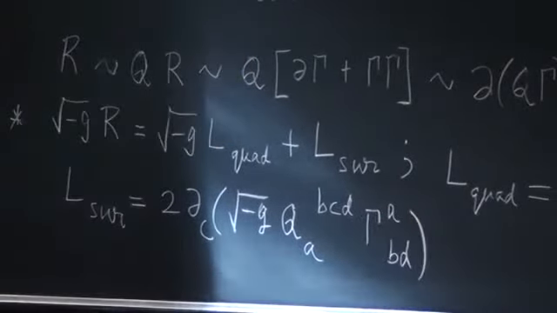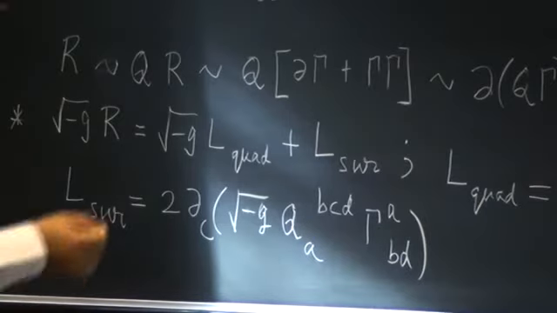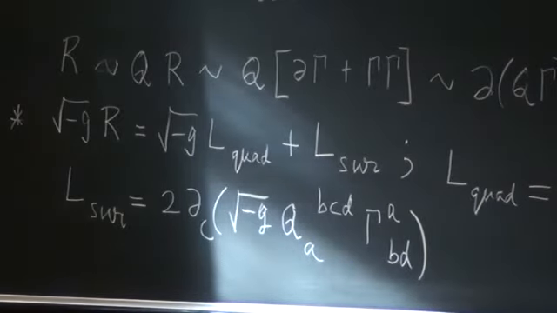This can be simplified quite a bit and written in very many different ways. And the way I would like to write it down, let me use the blackboard on top.